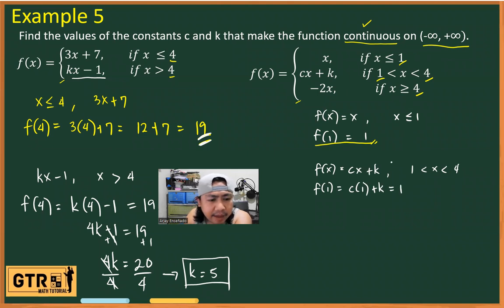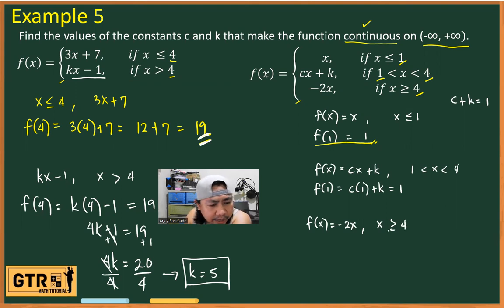So let's just simplify. So therefore we have, so sulat natin dito ang equation natin. So we have c plus k equals 1. So that is our equation number 1. Okay? So next, for the last subfunction, so we have f of x equals negative 2x when x is greater than or equal to 4.